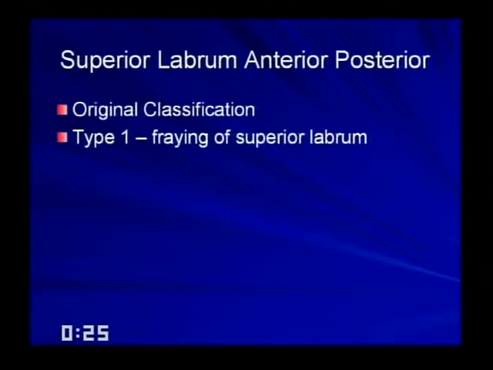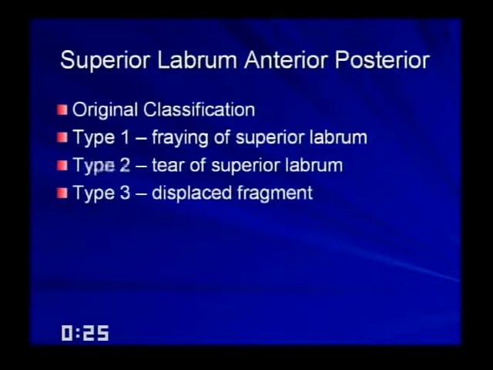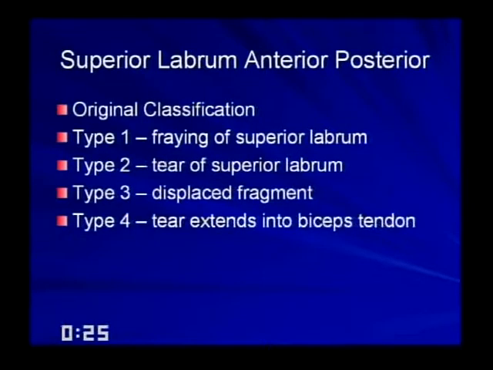But I think if you can recognize the basic 4, you're ahead of the game. So the original classifications, type 1 is fraying in the superior labrum. Type 2 is a tear of the superior labrum. Type 3 would be a tear of the superior labrum with a displaced fragment, sort of like a bucket handle fragment in the knee. And then a type 4, the tear extends into the biceps tendon.